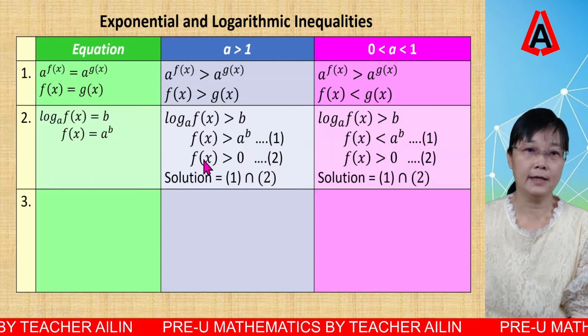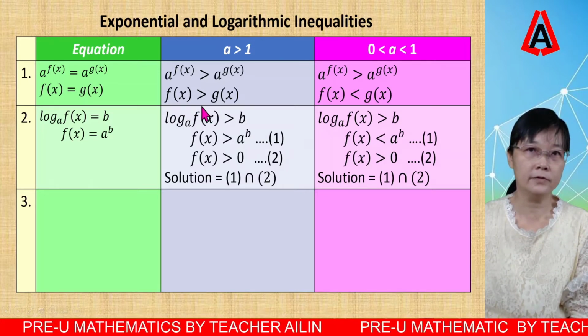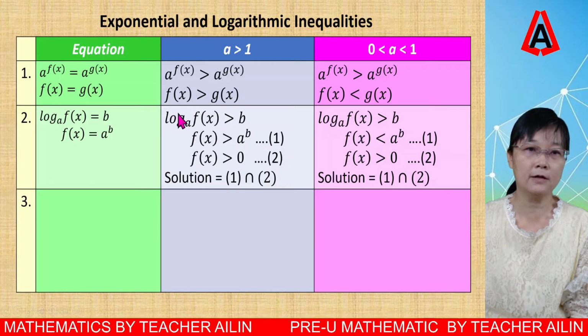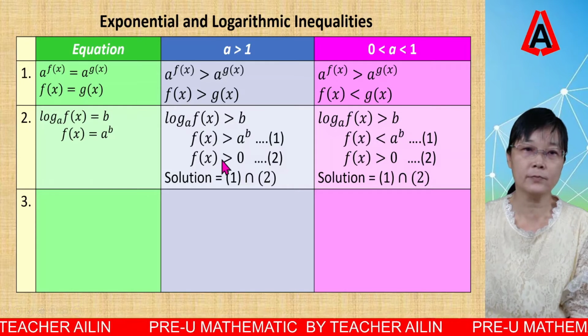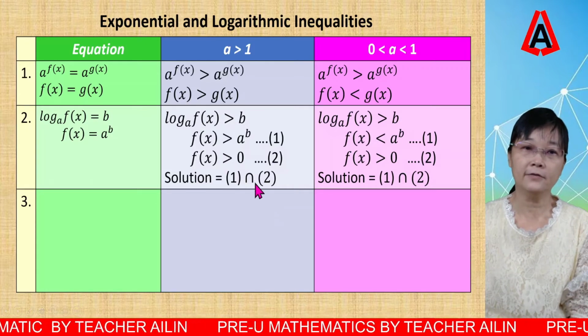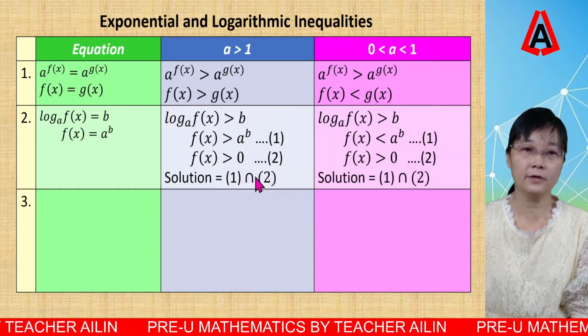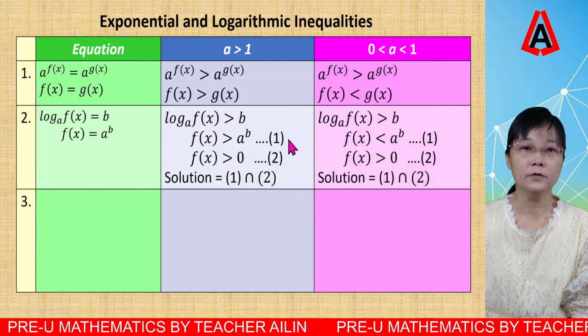But besides that, we still have to consider the range of values of x in this logarithm function, where f of x must be greater than 0. So to find the final range of values of x for the solution, we should combine these two ranges of values of x.